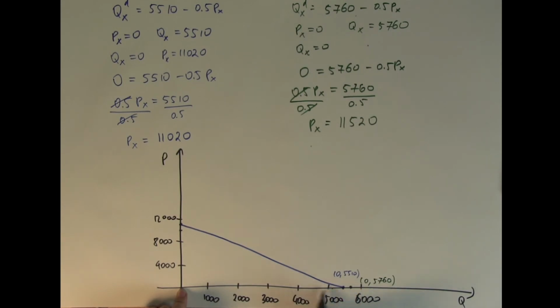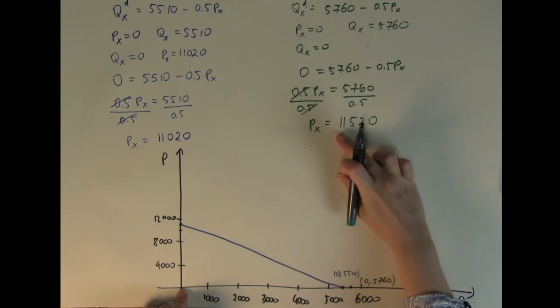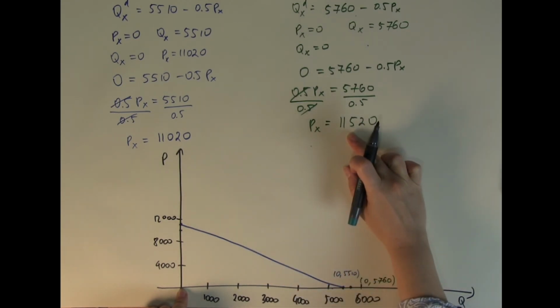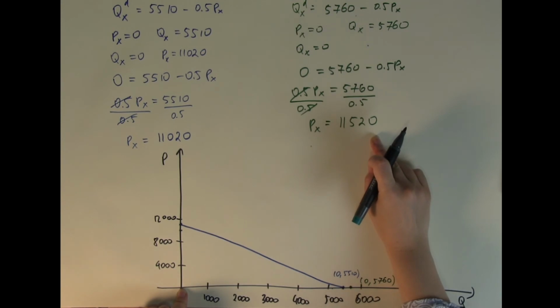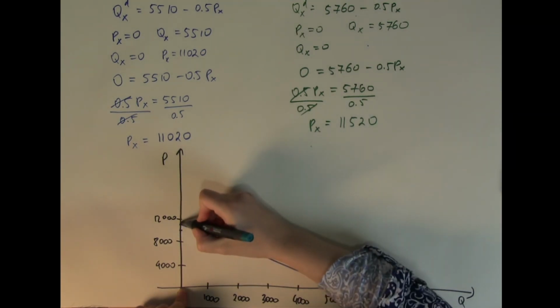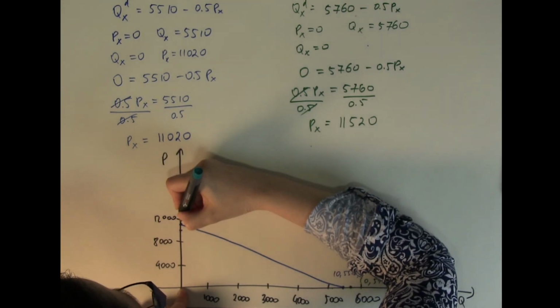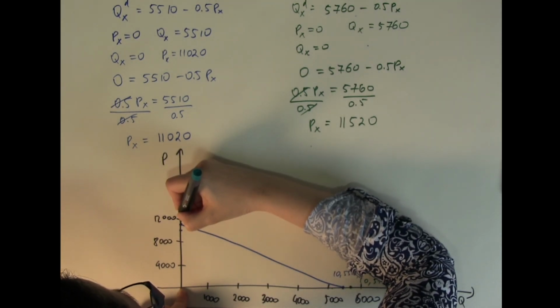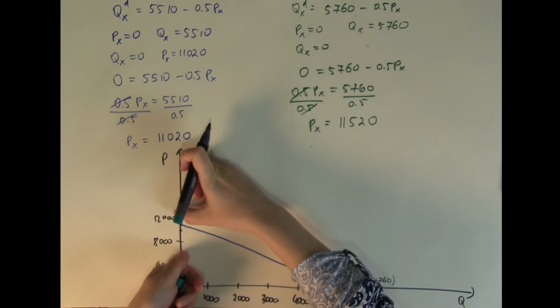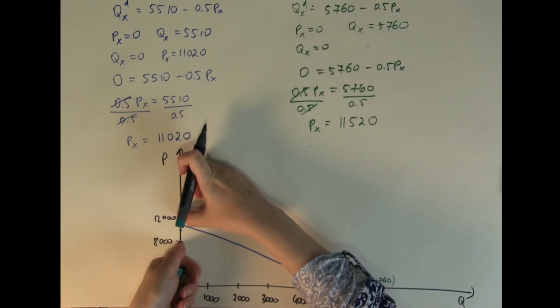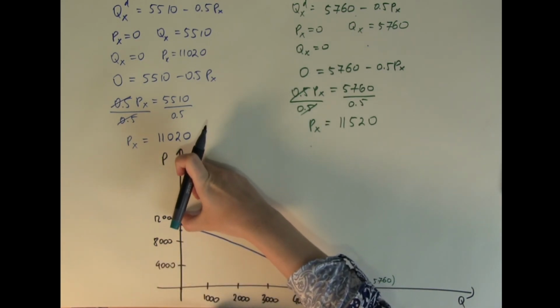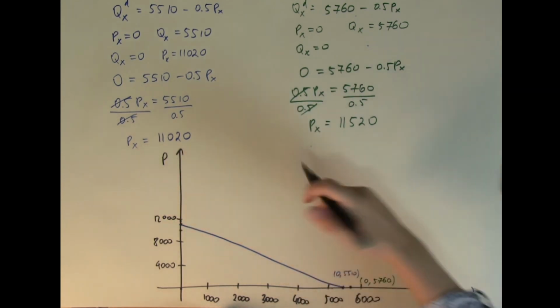Again, my scale isn't detailed enough to find the exact point, so I need to be a little bit careful in here. And then the P would be 11,520. Well, that's about 500 above, so that would be somewhere around here. It's very, very close to 12,000, because this scale, don't forget, goes up in 4,000s. So this tiny little distance can easily be 500.